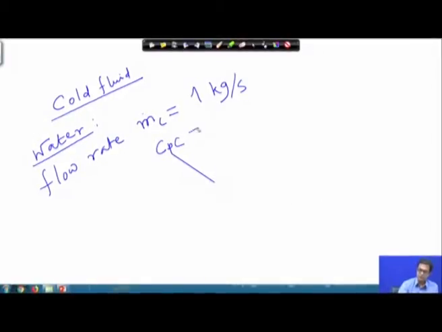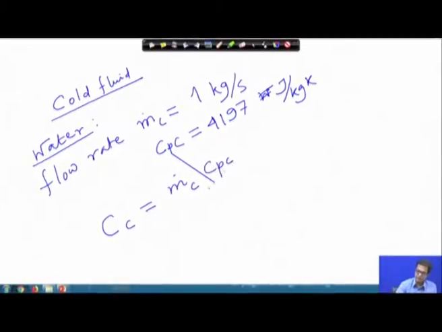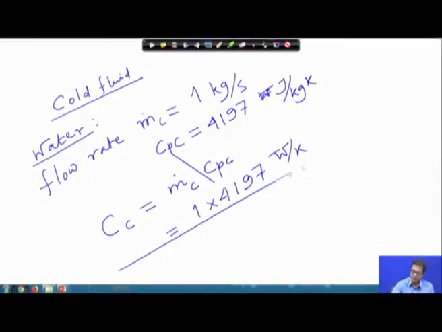CpC is 4197 joule per kg Kelvin. If we try to find the Cc, the cold capacity, that is mC dot multiplied by CpC, that will come out to be 1 into 4197 watt per Kelvin.